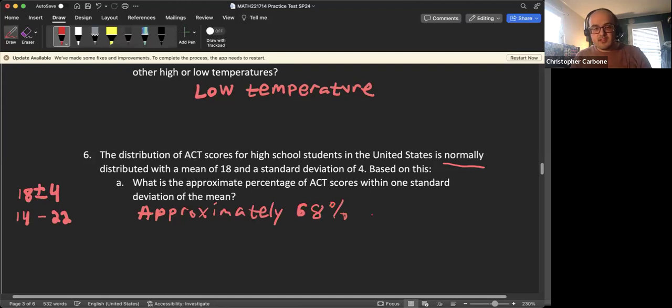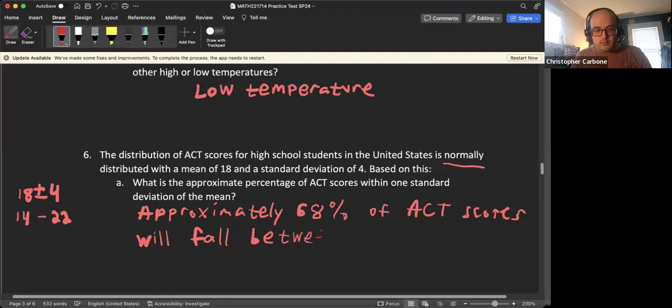So 68% of ACT scores will fall between 14 and 22 for that 1 standard deviation.